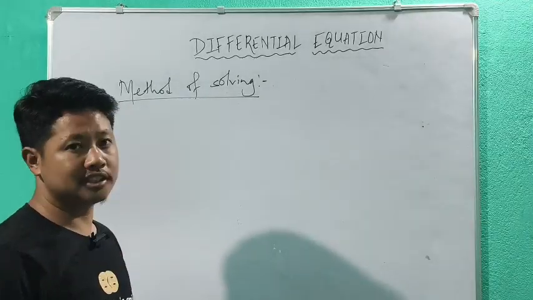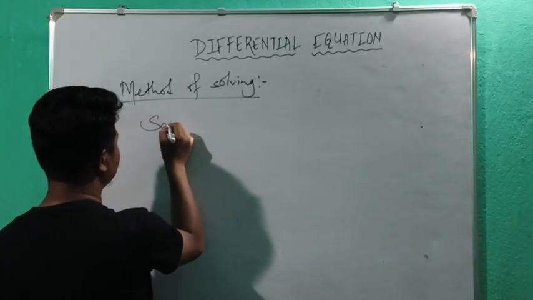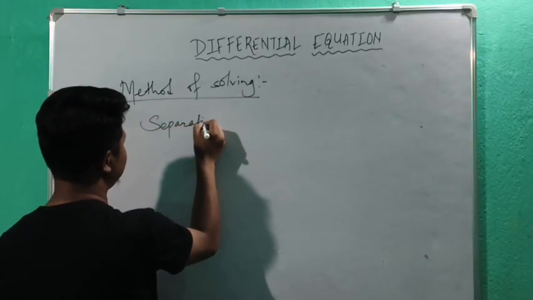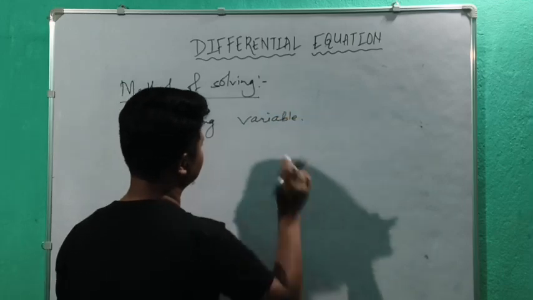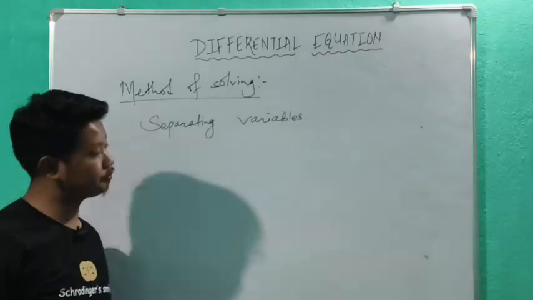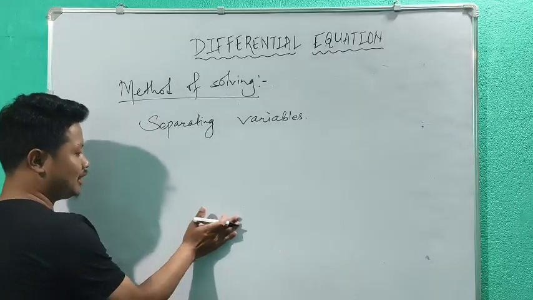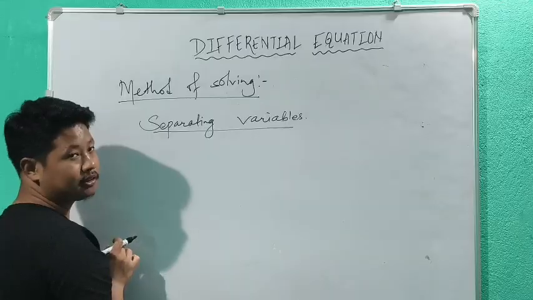I will teach you the simplest way to solve this differential equation, that is called the separating variables. Separating variables. Let me explain this method, how to solve this using this method.